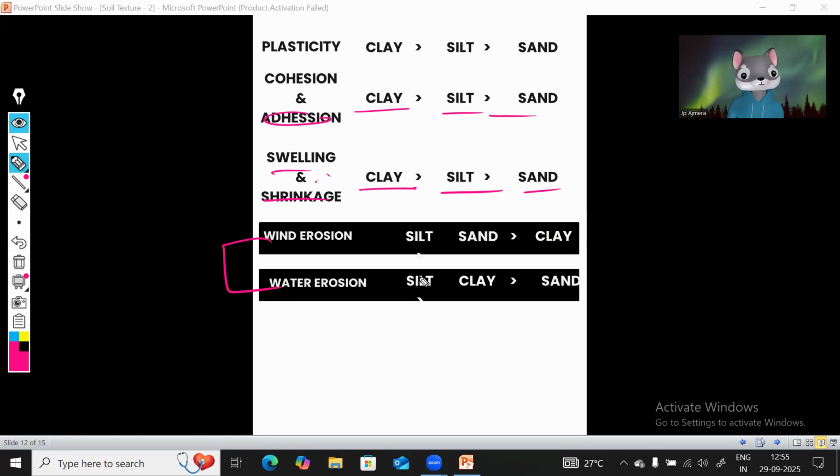What happens in the soil? Why are they not the same? Let's go to wind erosion.